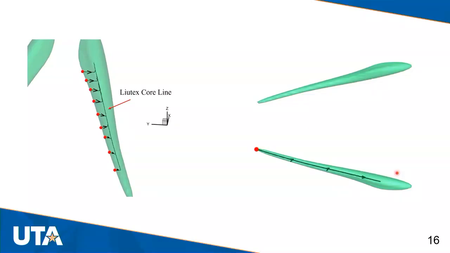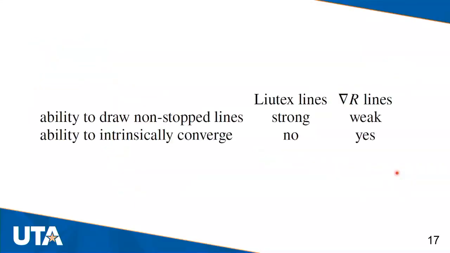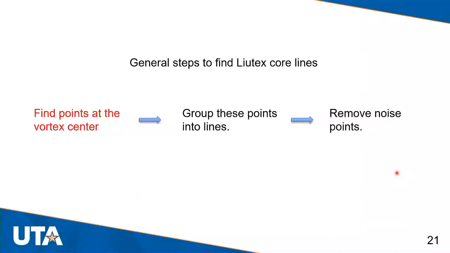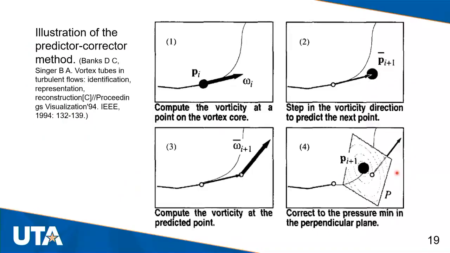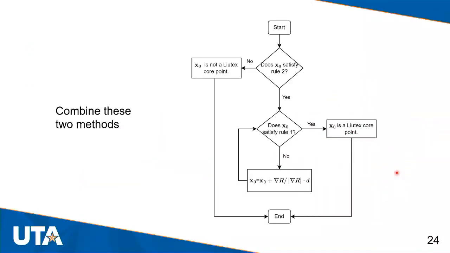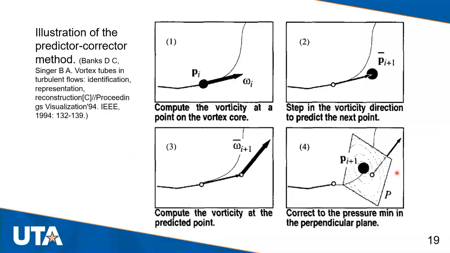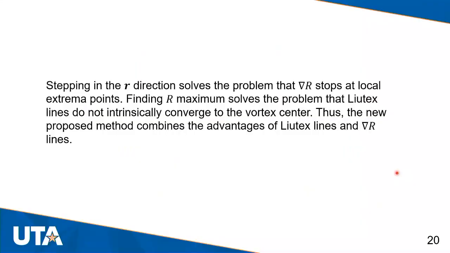So then we can easily get a long, continuous, good Liutex core line. That's what we do to use both advantages of these two types of lines.